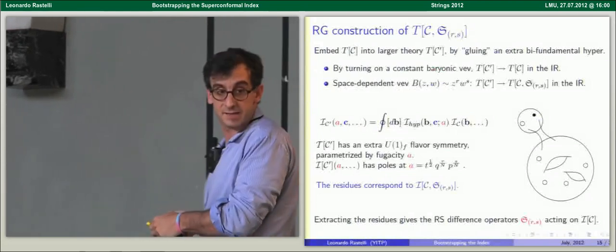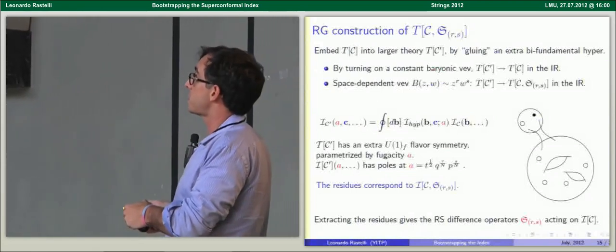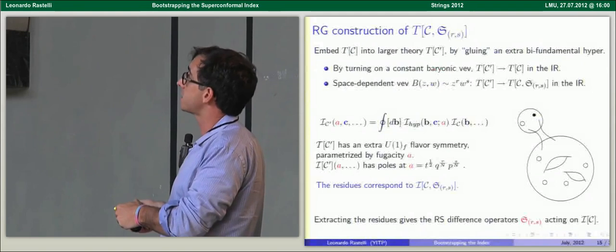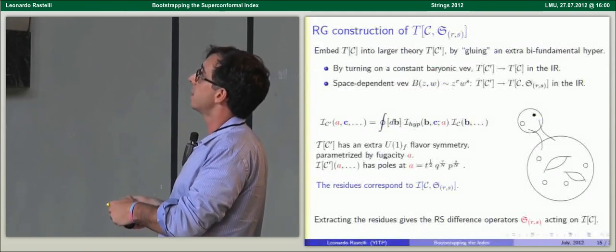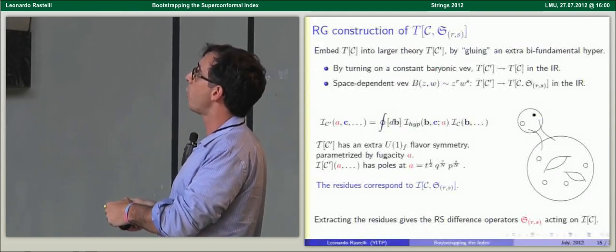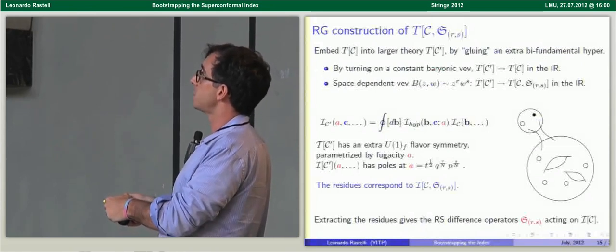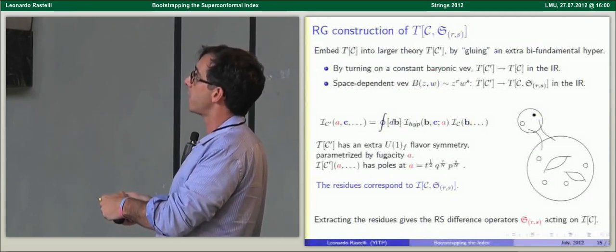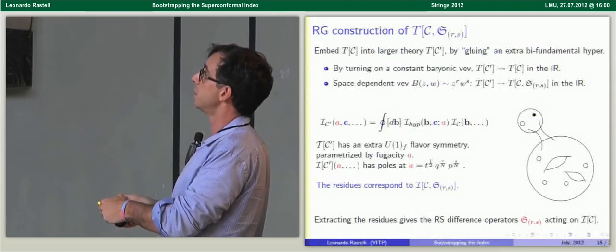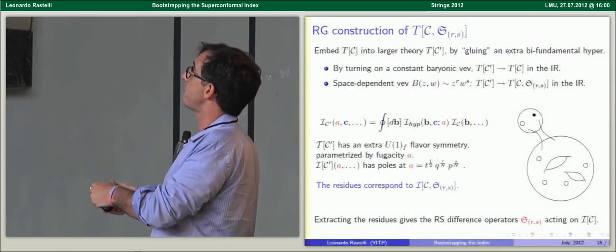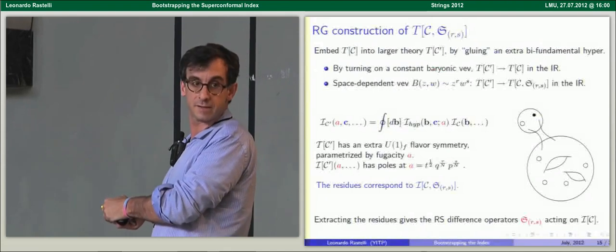So if I now use the basic idea that I was explaining in the previous slide, that singularities are related to the infrared index, all I need to do is extract the poles in these red fugacities. And you see the poles come, there's the vanilla pole where r equals 0 and s equals 0. That will simply remove this piece and give me back the original index.